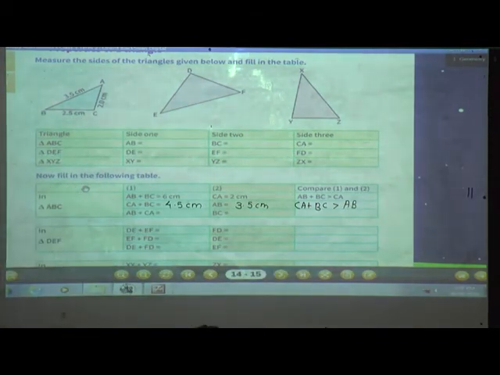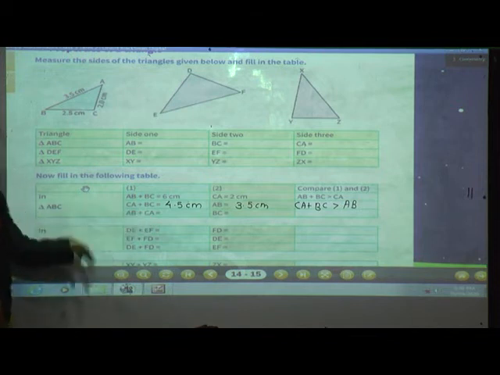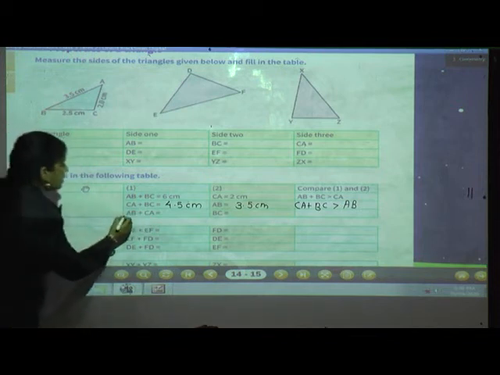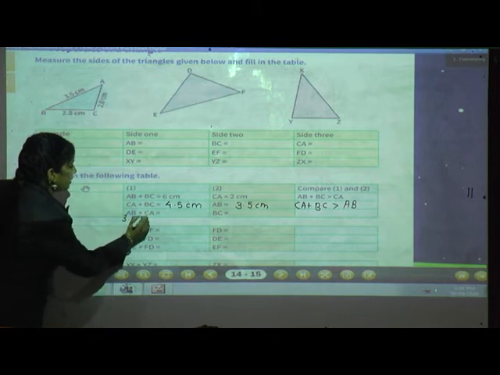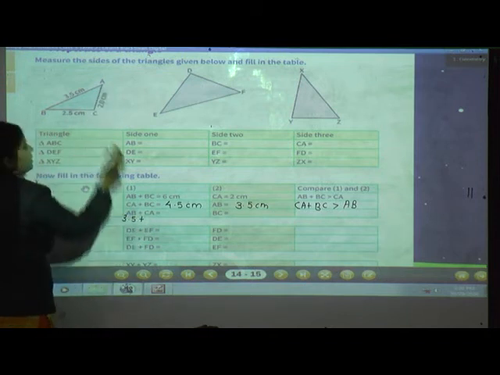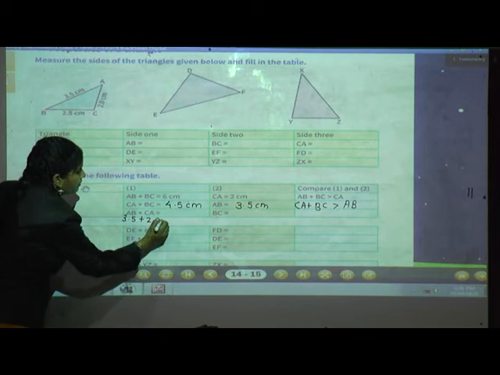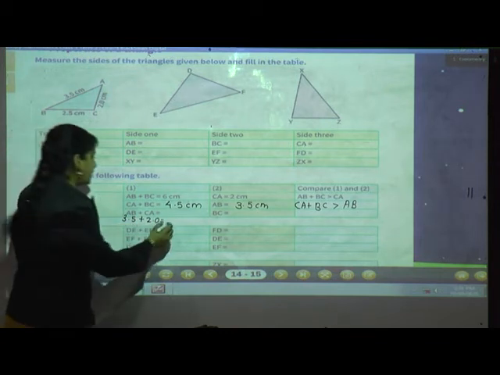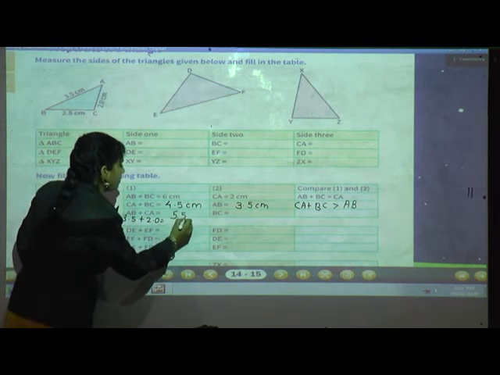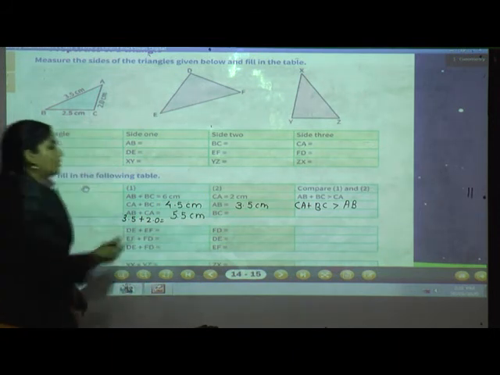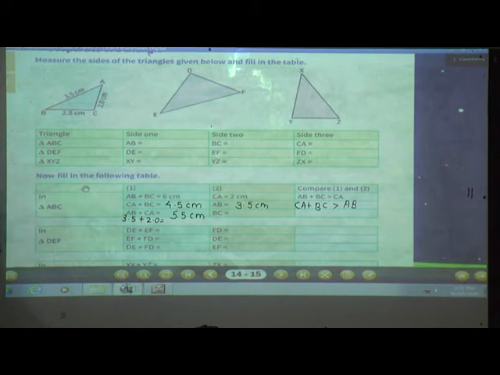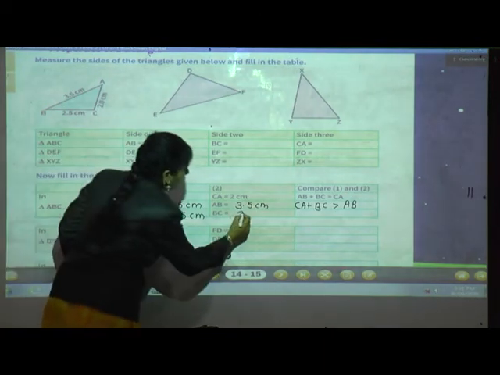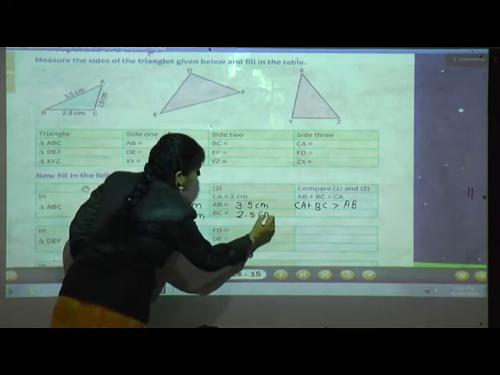Now, we'll see side AB plus CA. Side AB is equal to 3.5 centimeter and CA is equal to 2.0 centimeter. Now add these two, we'll get 5.5 centimeter. Now BC, they have given already 2.5 centimeter.